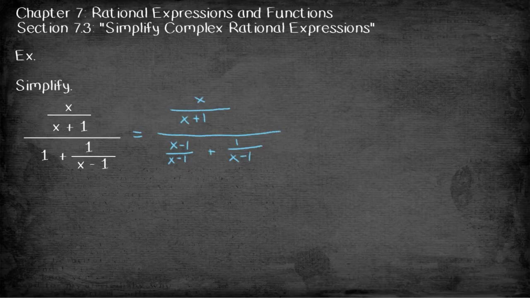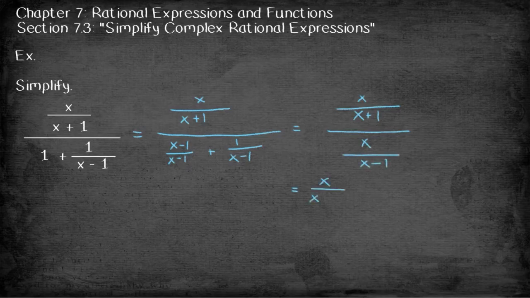So 1 would get turned into x minus 1 over x minus 1. And I add the numerators together. I have x minus 1 plus 1. So it's really just x over x minus 1. Multiply by the reciprocal. And what I'm left with is x minus 1 over x plus 1.